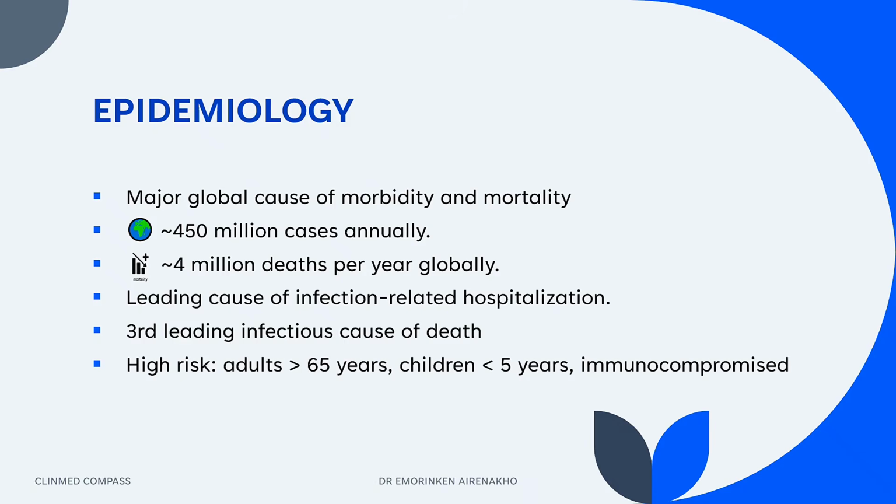It is the leading cause of infection-related hospitalization and the third leading infectious cause of death worldwide, after only HIV and tuberculosis in some regions. Who is most at risk of pneumonia? Children under 5 years, adults over 65 years, and anyone who is immunocompromised, whether from HIV, chemotherapy, or long-term steroids.